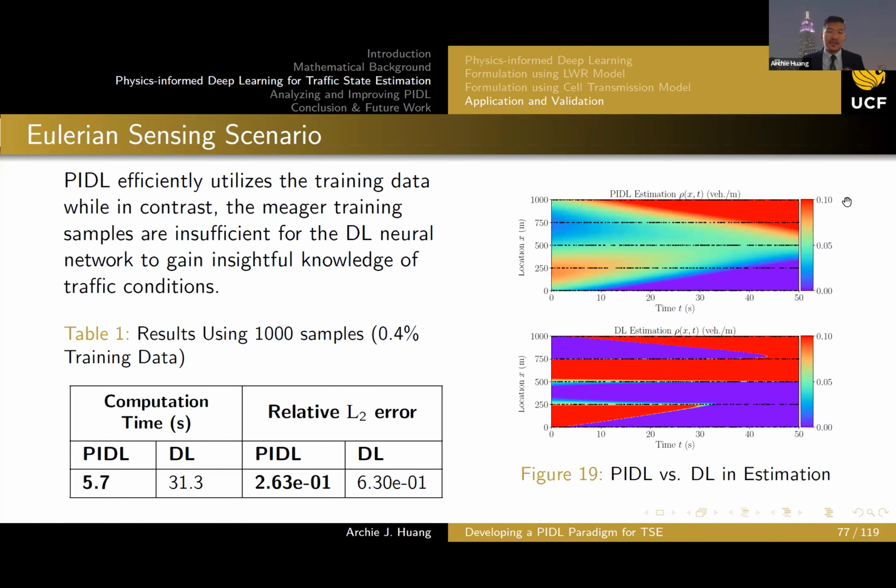But using this mere 0.4% of data, we find PIDL can still capture the traffic pattern and reconstruct it really well. And under the same scenario, a similarly configured DL, a regular deep learning neural network with the exact same learning architecture, just without the physical knowledge, will not gain any insightful knowledge of the traffic conditions and fails the reconstruction task.